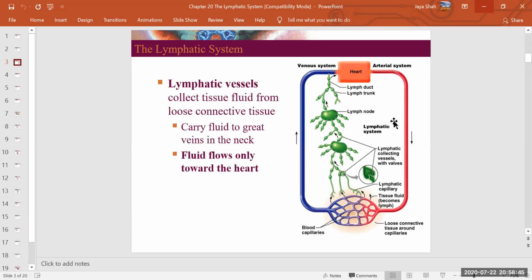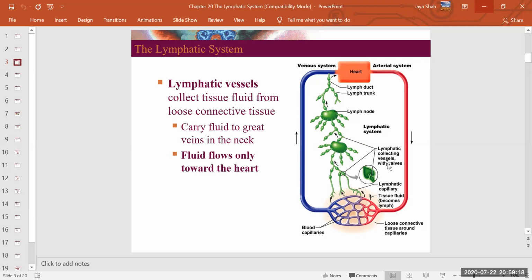So the overview of the lymphatic system, how the lymphatic system works in our body. Last time we did the heart; the heart pumps blood all over the body. The heart pumps blood into your arteries, which become capillaries, and capillaries exchange gases and nutrition, and capillaries lose some fluid, water, some protein molecules, some waste product.